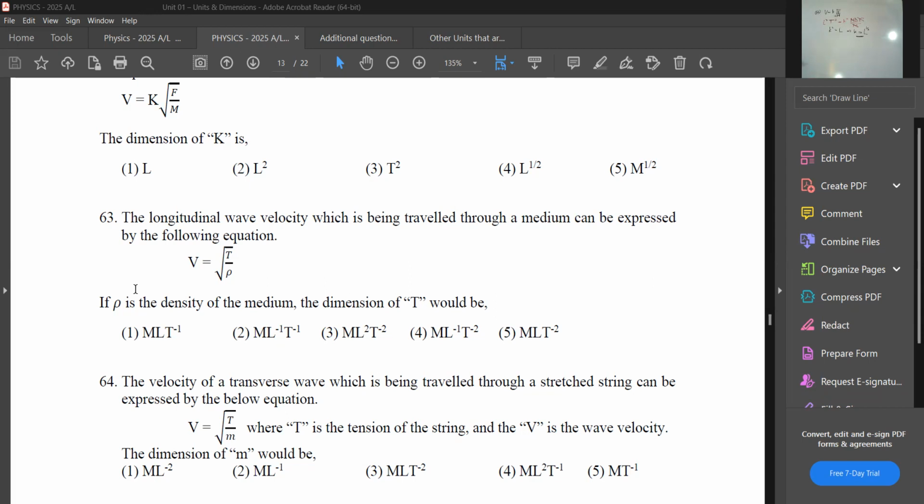As we did earlier, I think it is very easy to take the square. If I take the square, V squared is equal to T over rho. That means T is equal to V squared rho.